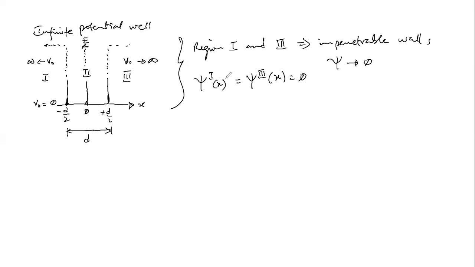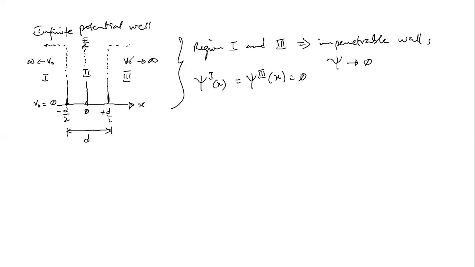So if this is so, it means that the particles will be confined in region 2, since regions 1 and 3 are impenetrable. So whenever V, which is the potential function, is infinite, the wave function must be 0 in order to satisfy the Schrodinger equation.